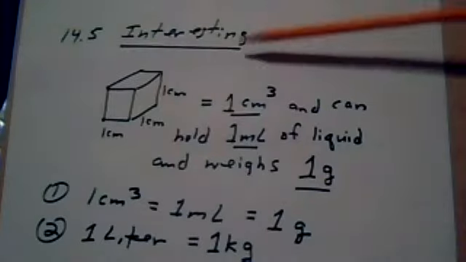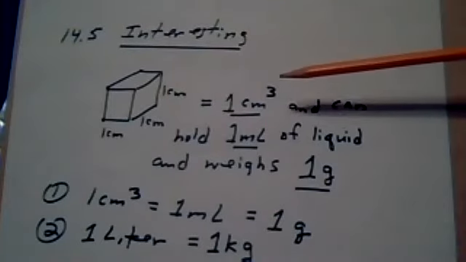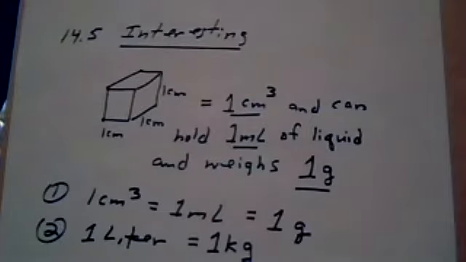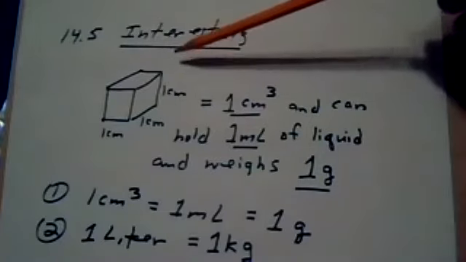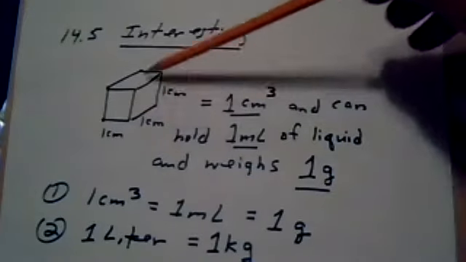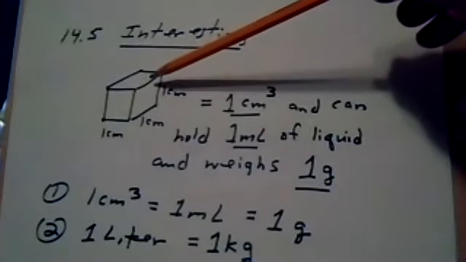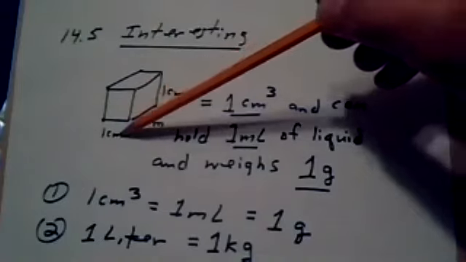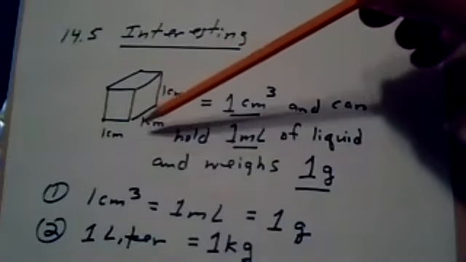This is another interesting thing. It was kind of weird because you have a centimeter, a milliliter, and a gram. You say, how can these be related? And they're related. If you have your rectangular polyhedron here, notice that this is a centimeter, this is a centimeter, this is a centimeter. So it's centimeter times centimeter times centimeter.